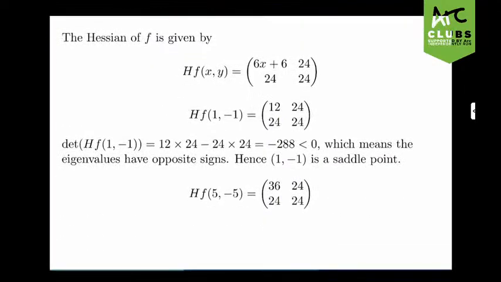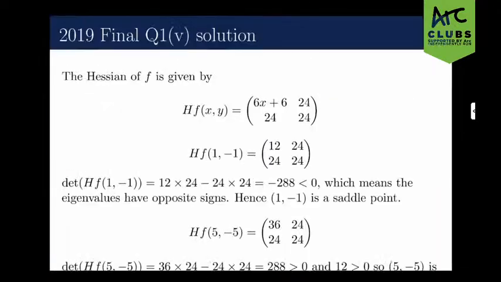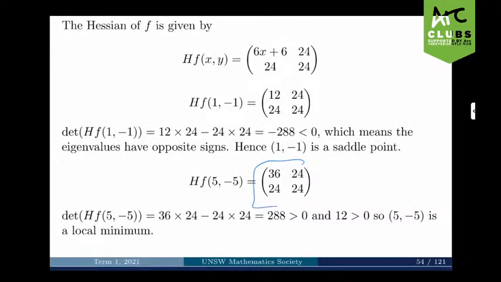So if I put in the point (5, -5), I will get this matrix. Again, I want to find whether both eigenvalues are positive, negative, or of different signs. The determinant is positive, which means both positive or both negative. But we know the trace, 12, is greater than 0.